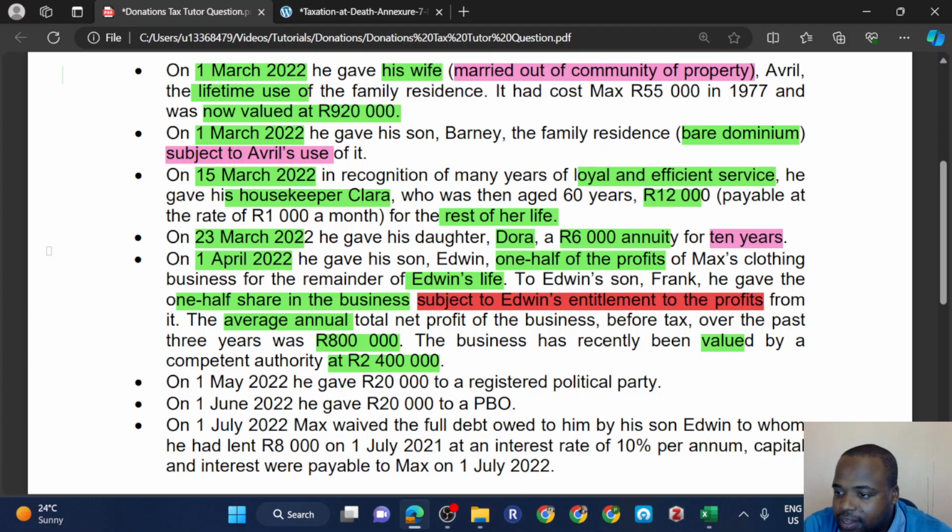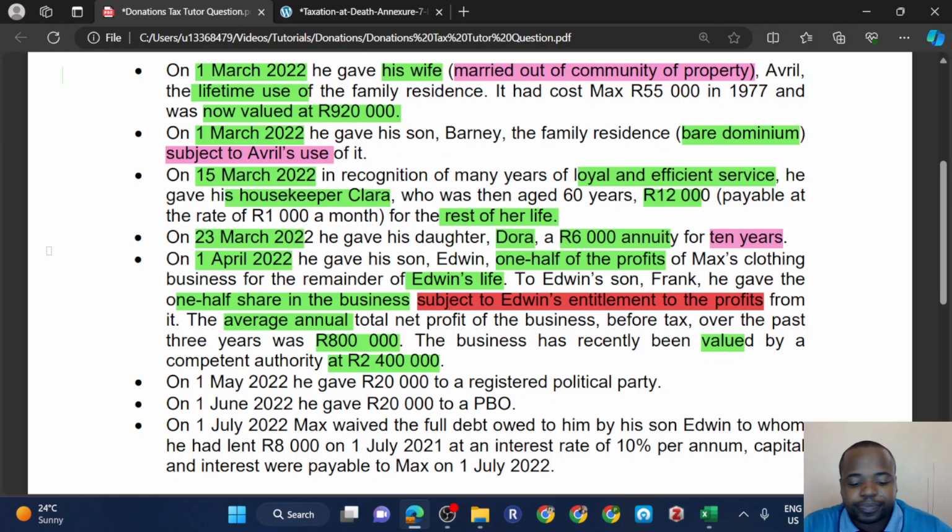But Frank will not be able to enjoy the profits produced by his half ownership, because he'll enjoy them subject to Edwin's entitlement to the profits. In other words, the profits of that half ownership have been donated to Edwin, right? So it goes back to that whole thing of usufruct and bare dominium, right?